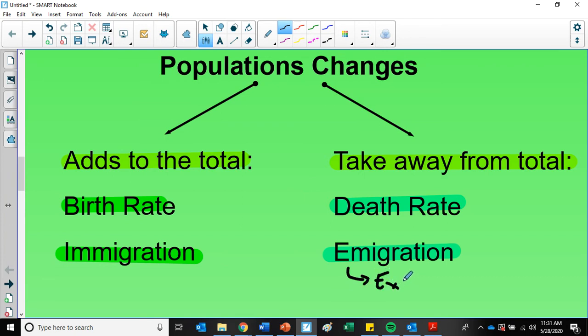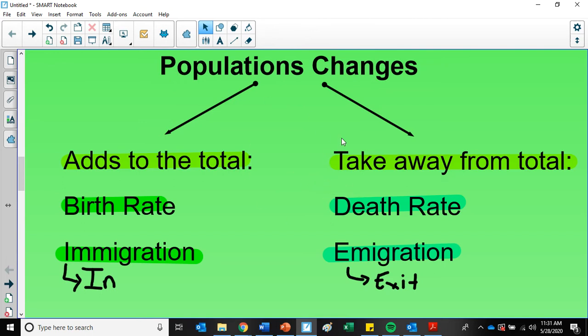And maybe those people recording the burrowing owl population didn't know they moved to a different location, but they're counting them as taking away from the total population. On the other hand, immigration is the ones coming in to the population. So we can use these terms to help remember. Perfect. So now we have some ideas: maybe they exited, maybe they moved in.